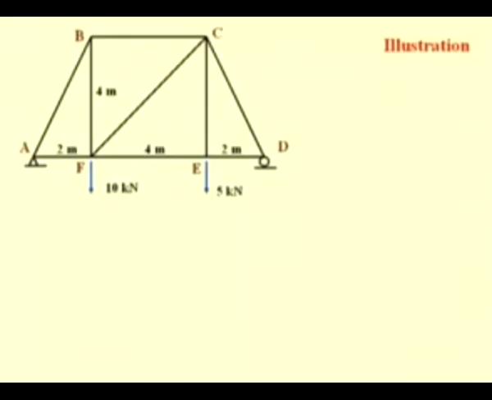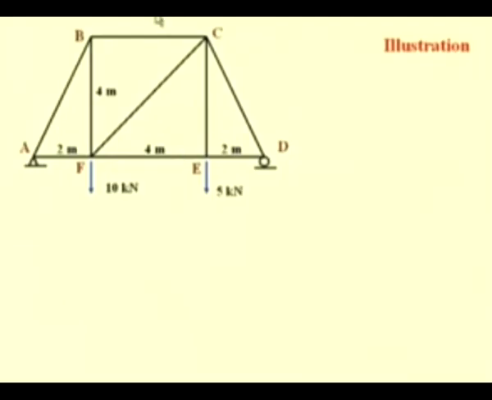You see a truss ABCD supported at A by a pin joint and at D by a roller joint, and some external forces, say 10 kilonewton force at F and 5 kilonewton force at E. Let us say we are interested in determining the force in this member BC and the force in this member FC and the force in this member FE.